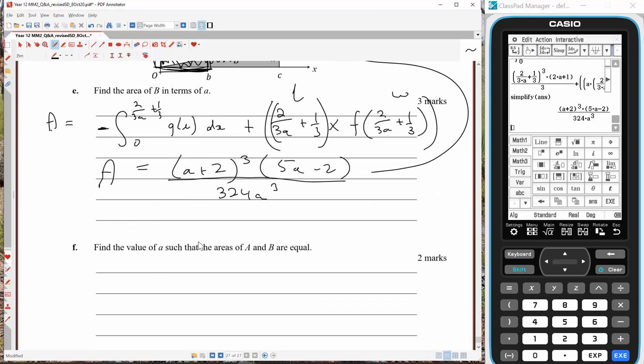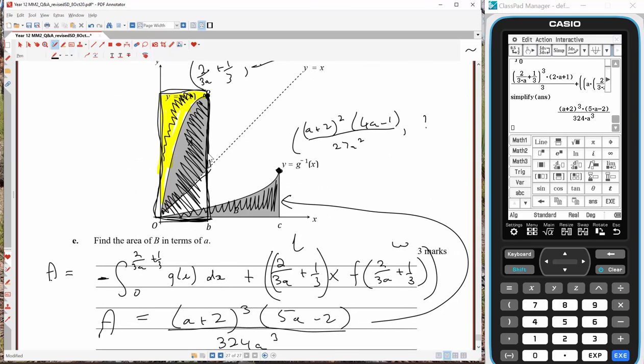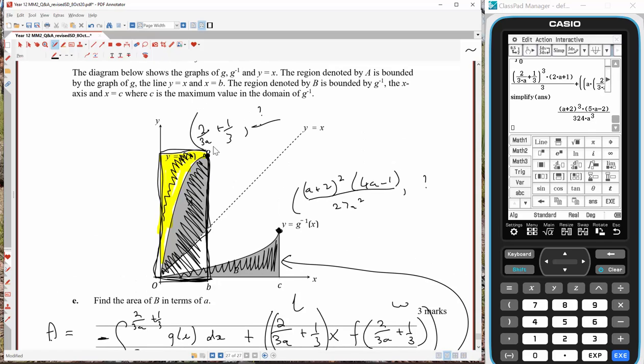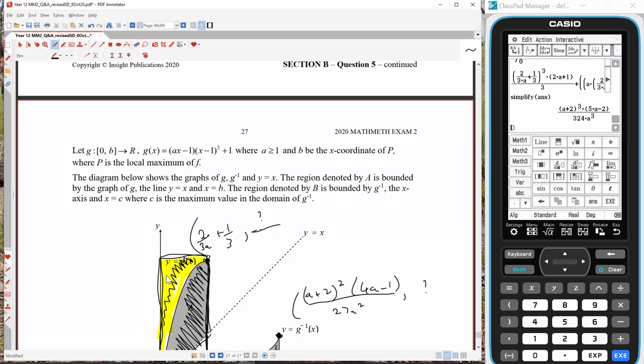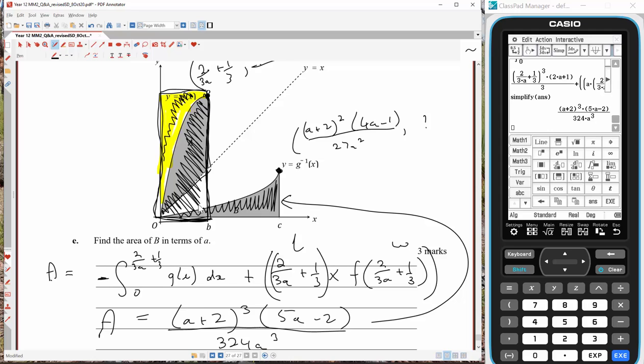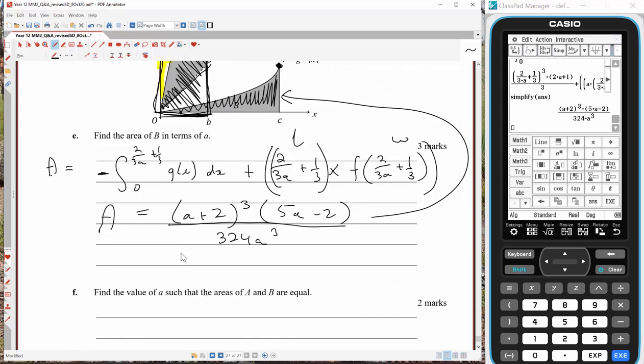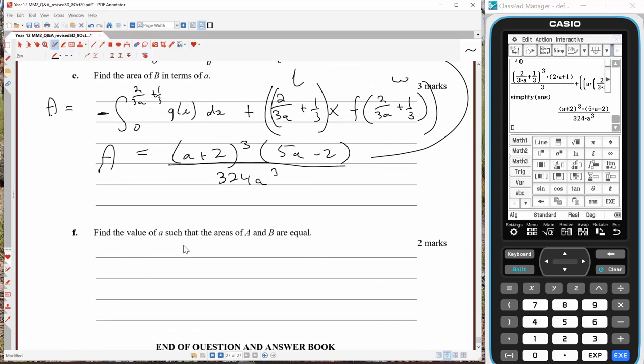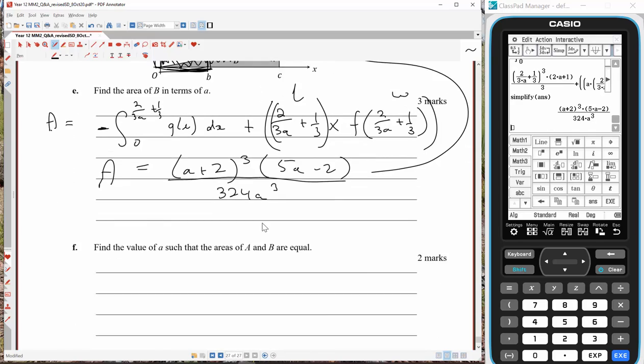Find the value of A such that the areas of A and B are equal. So this area here matches this area here, with the parameter A just varying the amount of gray space. What value of A is going to make this the same as this? Essentially we'll equate the areas.